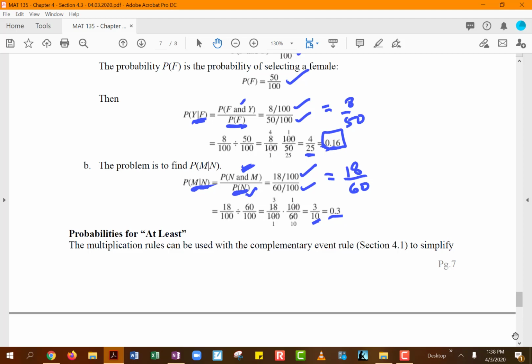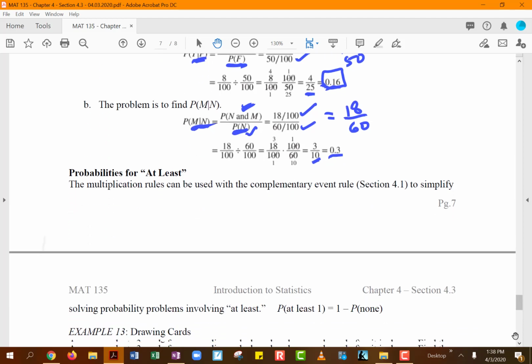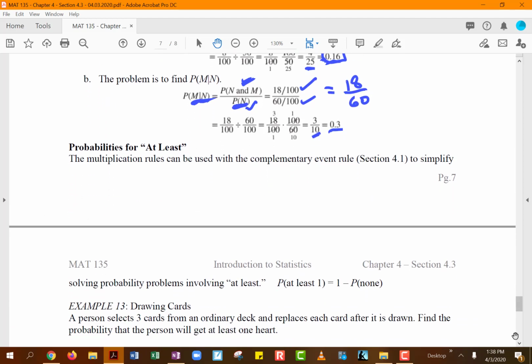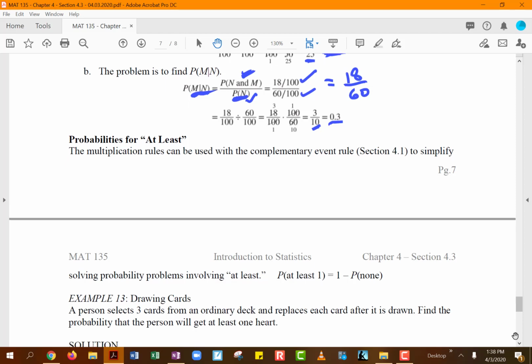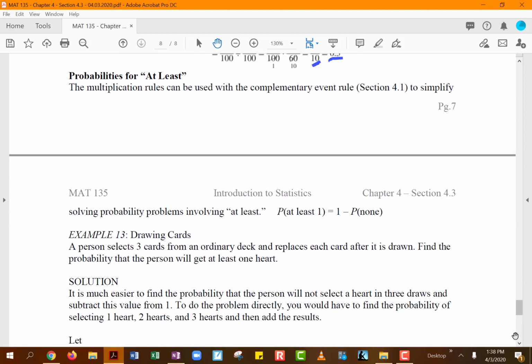Okay, so the last thing that we want to talk about is how can you find the probability of an event which we're saying at least this will happen. Okay, so let's take a look at this. They are saying multiplication rules can be used with the complementary event rule. And we had, of course, looked at that, as you can see in section 4.1, to simplify solving probabilities of at least.